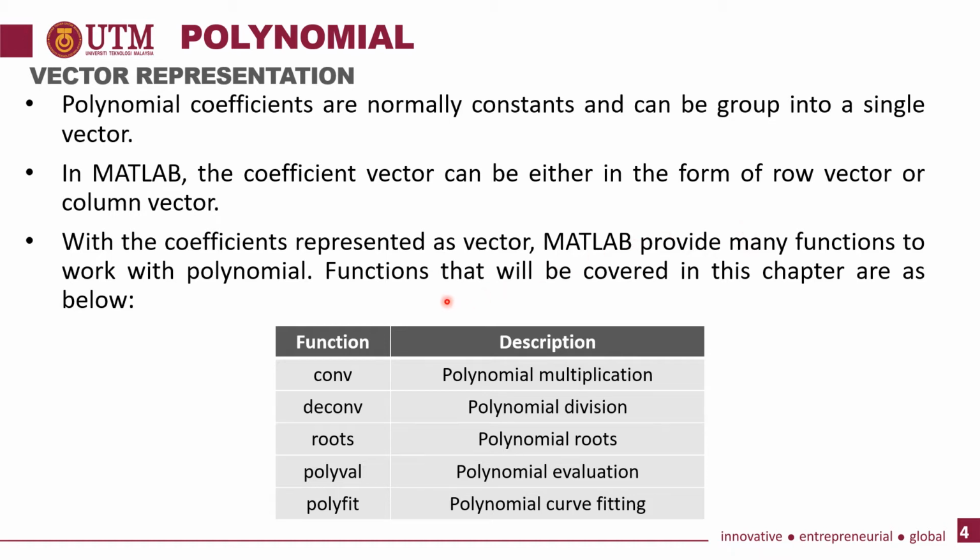The functions covered in this chapter are as follows. In this chapter we will cover 5 different polynomial functions. The first function is conv. conv is all about polynomial multiplication. If we want to multiply polynomial expressions, we will use conv.